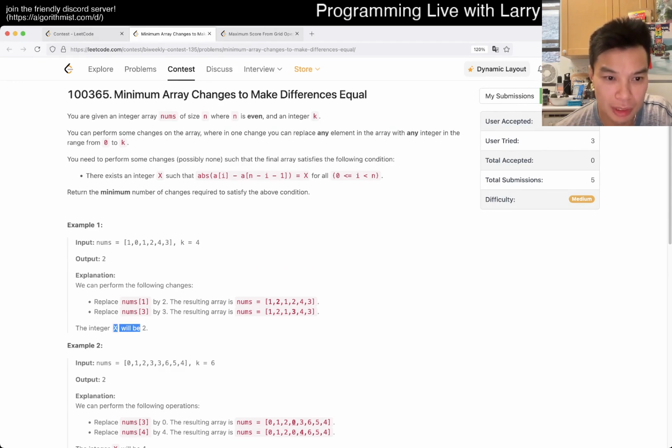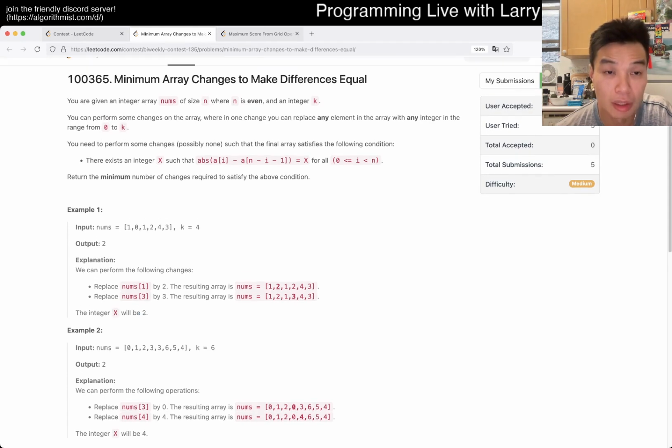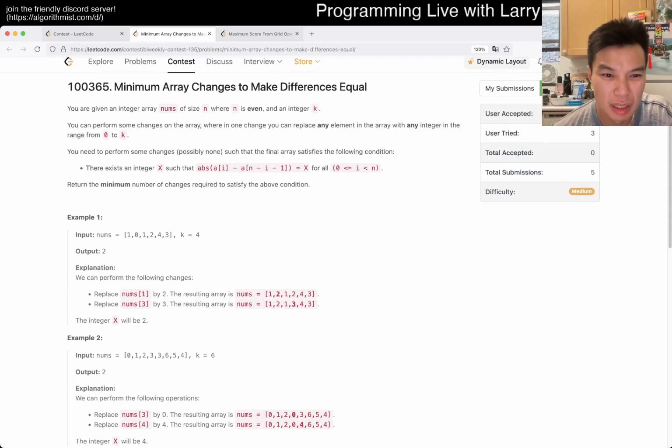This integer x. Oh wait. There exists an x such that the difference is the top.